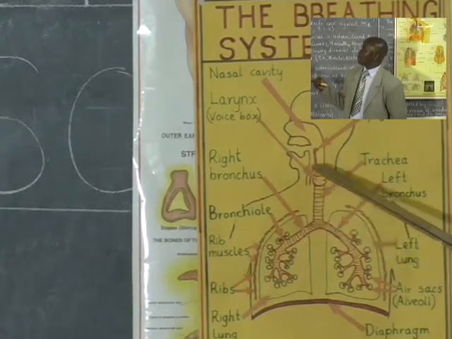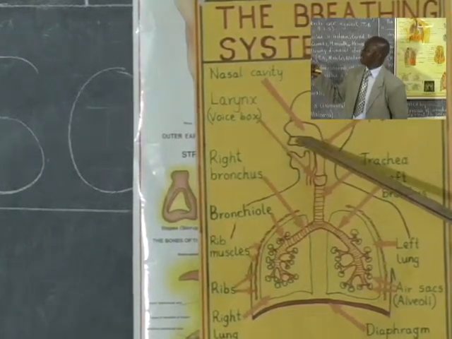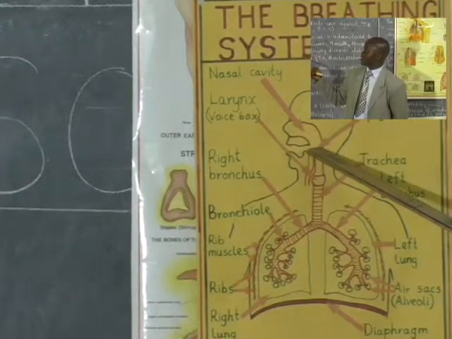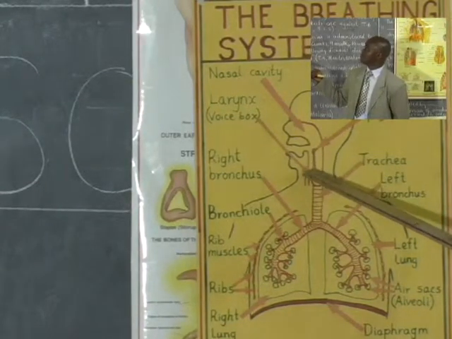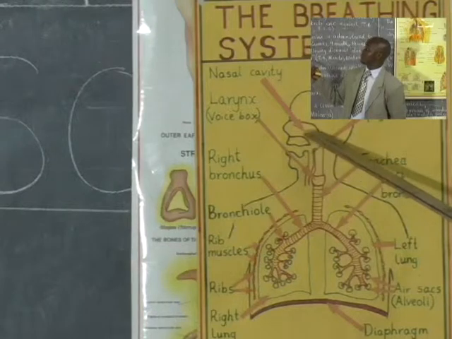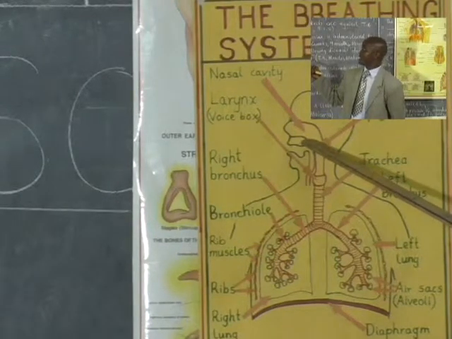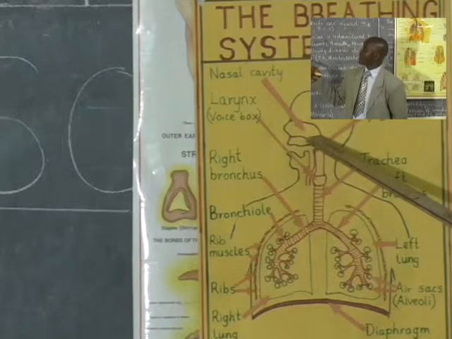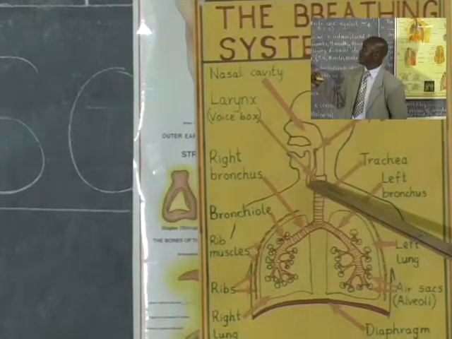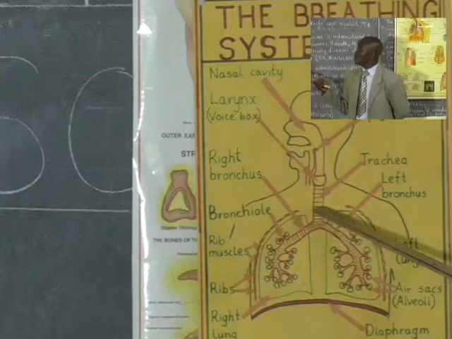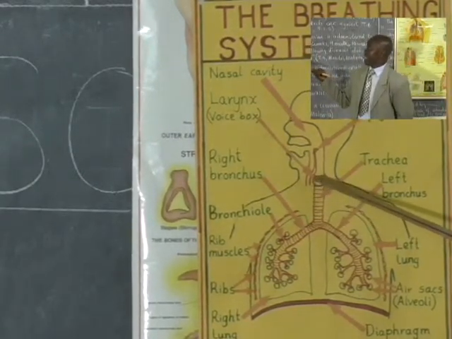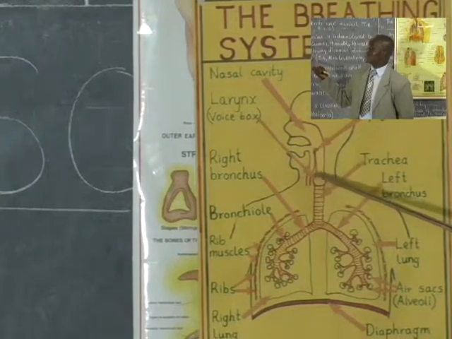Then finally, we have the mucous glands inside the nasal cavity. Their function is to produce mucus that will also help with trapping the dust and germs, and also to make the air breathed in moist. The human body is adapted to taking in air in moist form, not dry air.